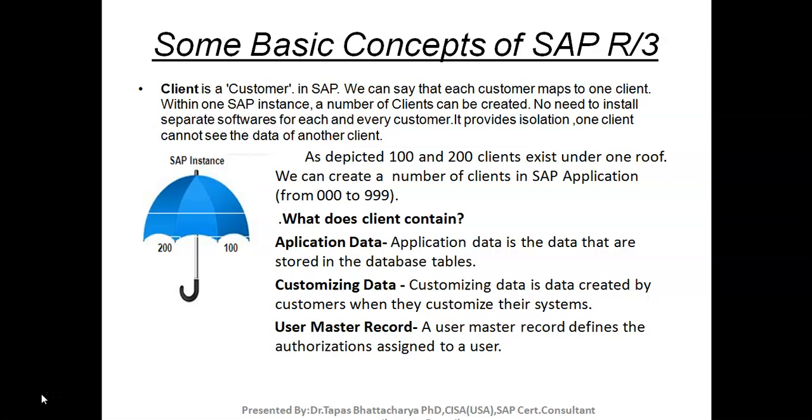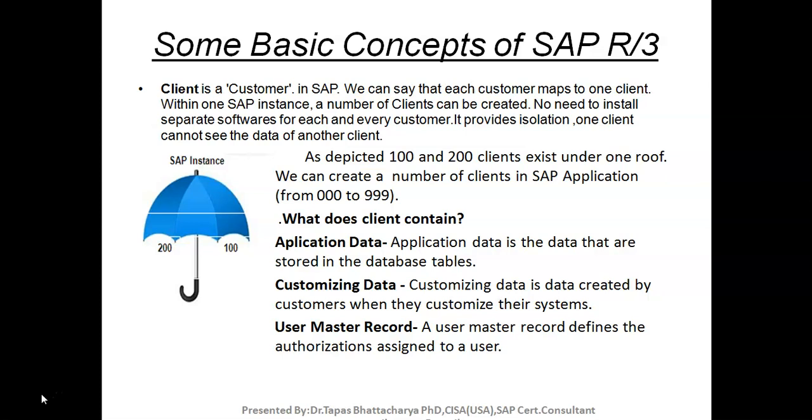Whenever a customer brings in or purchases the SAP system, we always say client. Client is basically the customer's concept. When a particular customer purchases the SAP system, he is regarded as a client, and while delivering the package, SAP supplies demo clients, and the demo clients consist of all the tables, structures, everything.